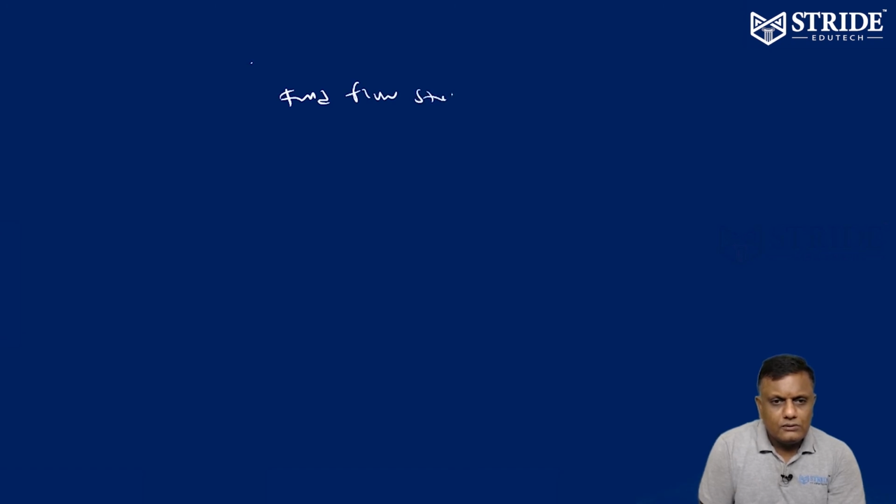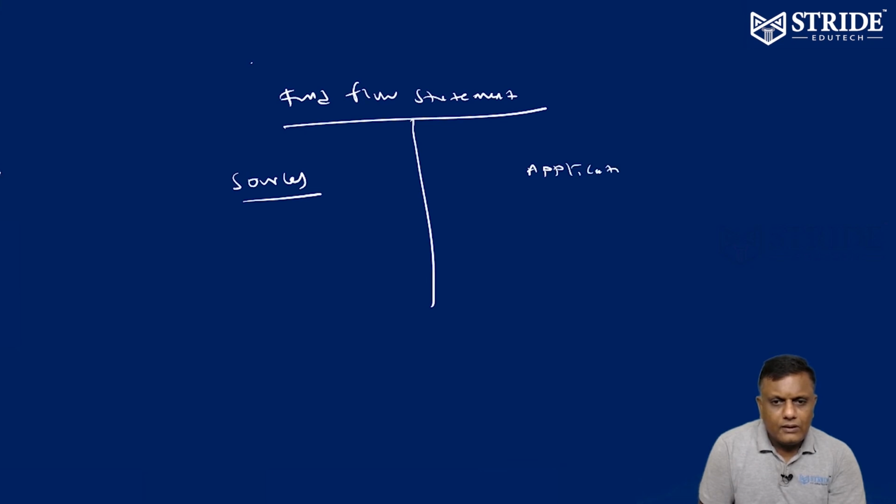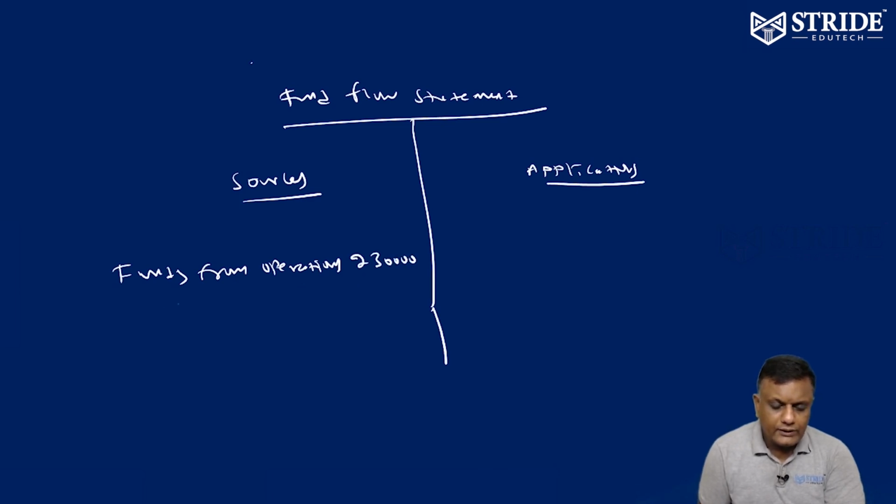The third part, the last part, fund flow statement. In the fund flow statement, we have sources and applications. Sources, funds from operations, that is equivalent to 2,30,000.